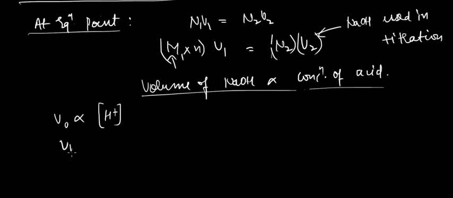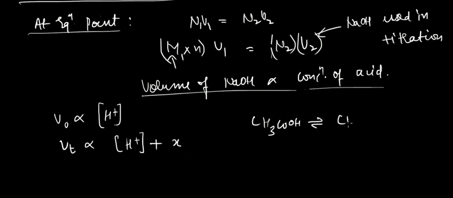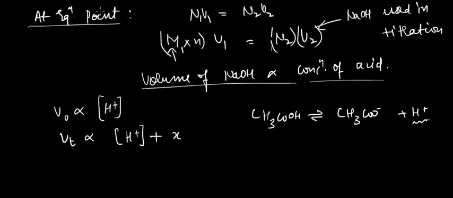And after time t, when the ethyl acetate got converted into acetic acid, NaOH would be titrating with the H plus from the catalyst, and plus at time t, X concentration of CH3COOH is also present in the mixture, and as a result CH3COOH gets dissociated into CH3COO minus plus H plus. So the concentration of this H plus has to also be added in the acid base titration at equivalence point.